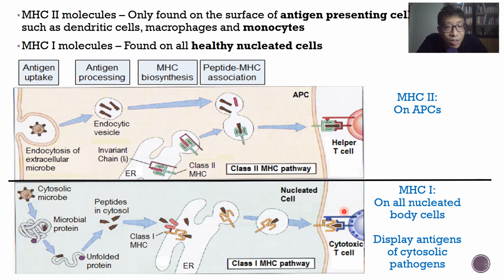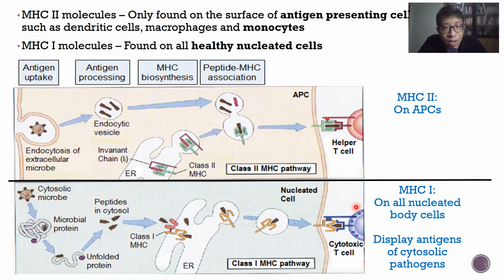So the recognition of infected cells would be via this antigen presentation using MHC class 1. All our cells can do that because all healthy nucleated cells have MHC class 1 molecules.